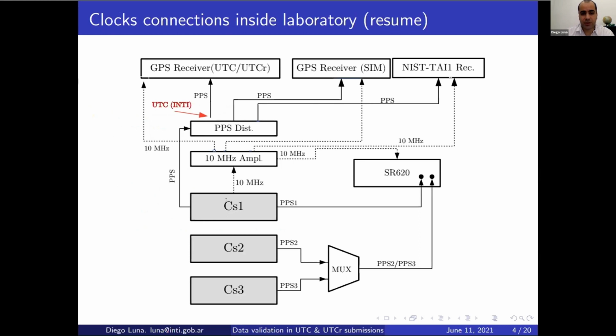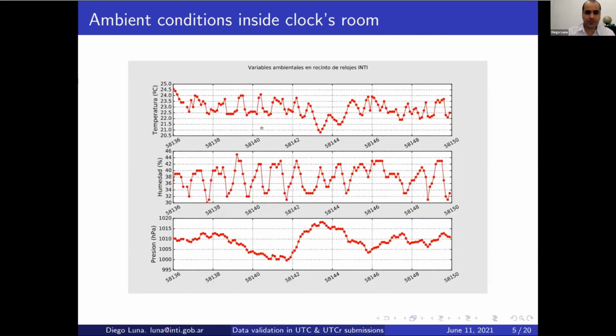So a short description of our lab can be seen in these slides. We use the 3 clocks we have, and associated to the first cesium clock, we have a few receivers connected to it. And in our case, UTC(INTI) is defined here at the output of the GPS distribution system. I will go into detail of the different parts of the laboratory, but the first thing we do is measure the ambient conditions in the laboratory.